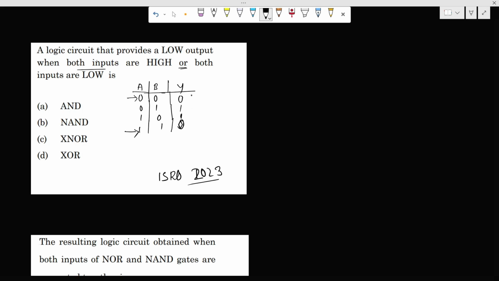So from this truth table, we found it is the truth table of an XOR gate, as XOR produces low output when both inputs are the same. Here both inputs are the same, so we get 0. Otherwise it produces 1. So this is basically XOR operation. So option number D is correct.